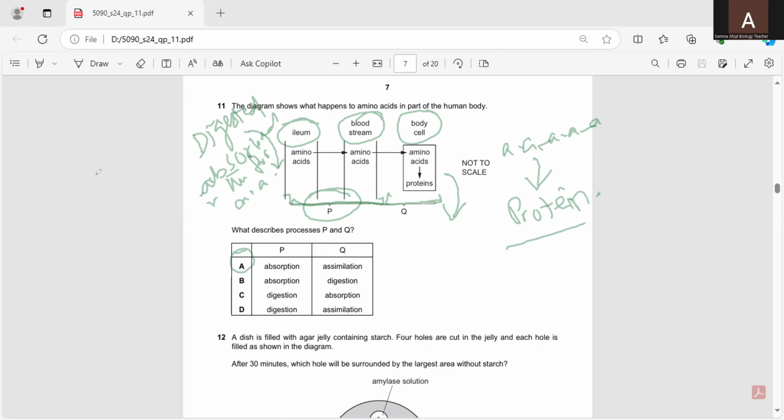So this is the wrong option. Digestion and absorption, no, absorption is always in the form of smaller molecules. So only A is the correct option. That is, at P absorption of the food takes place, and at Q there is the formation of proteins from amino acids.